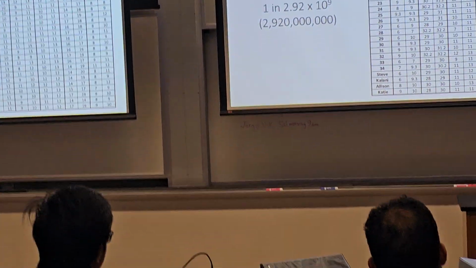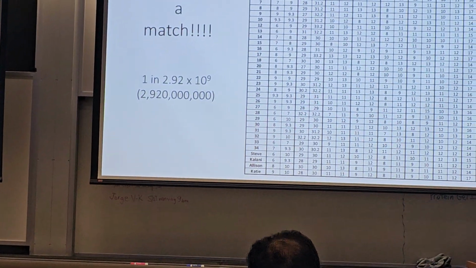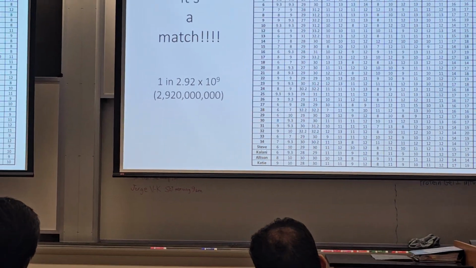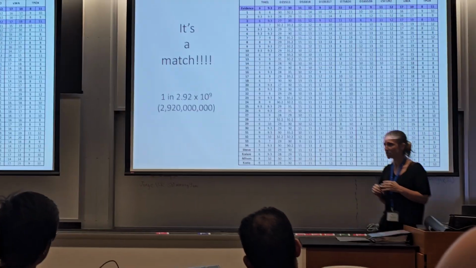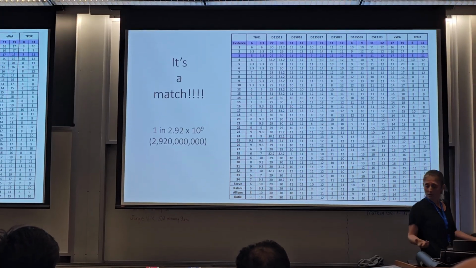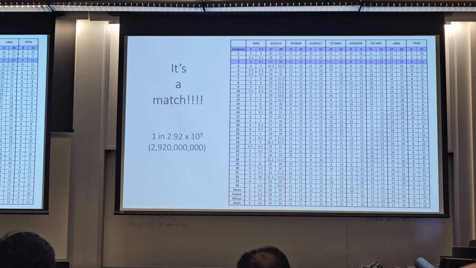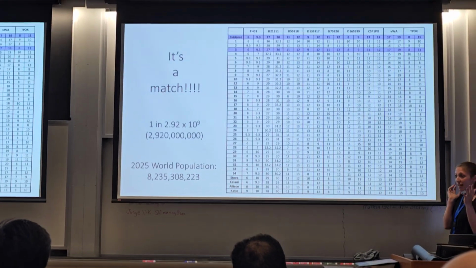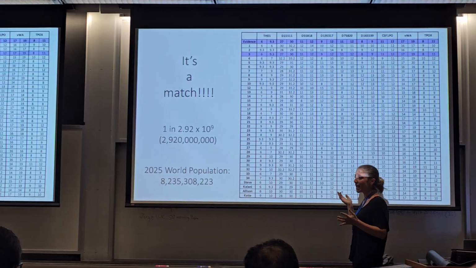All right, so what's the chance of you matching? It's 1 in 2.92 billion chances of matching. So, historically that would have been good enough, but today's world population is over 8 billion.